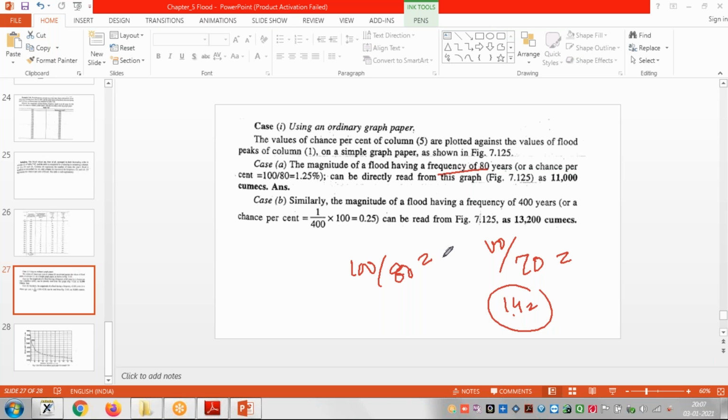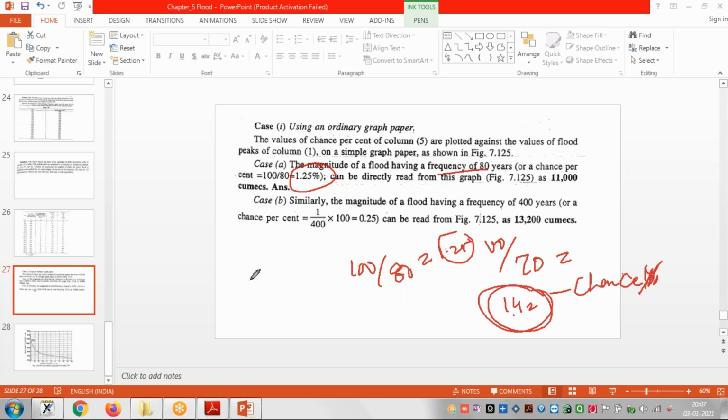Similarly, 100 divided by 80 gives 1.25%. That is the percentage chance, the chance of that flood occurring.